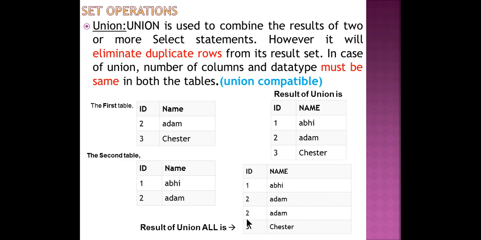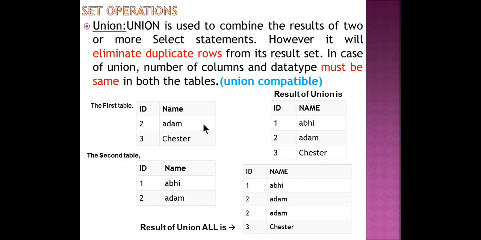Compatible in the sense they must have the same number of columns, and the domain of the columns in the two tables must be the same. Then we can say that these two tables are union compatible. In that case, you can apply the union operation, Cartesian product, and set difference.